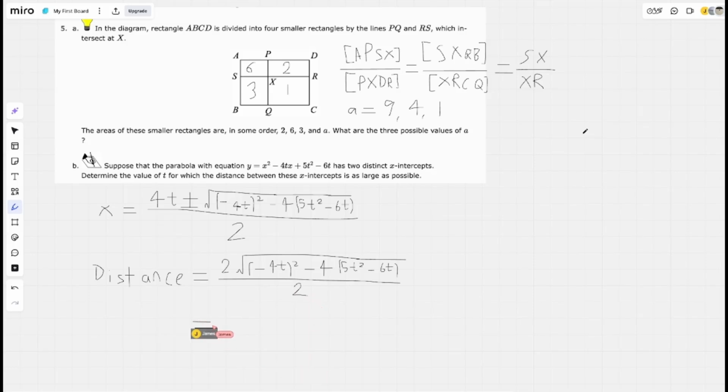And since the 2 just cancel out, like so, you're left with just the square root expression in the original quadratic formula being our distance. So this is what we want to minimize.